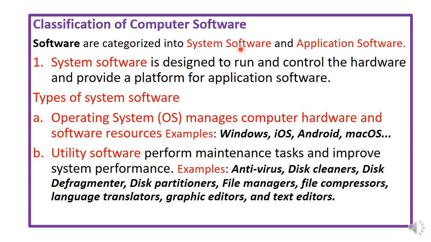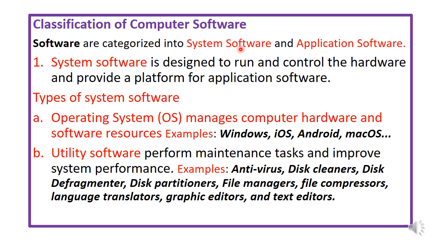Remember that a computer has computer hardware and software. A system software is a computer software which controls the operation of computer hardware and the operation of other computer software.